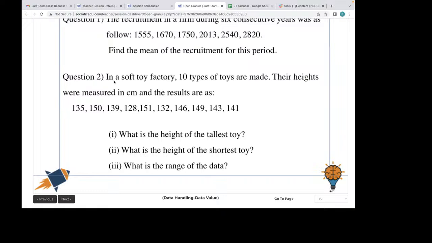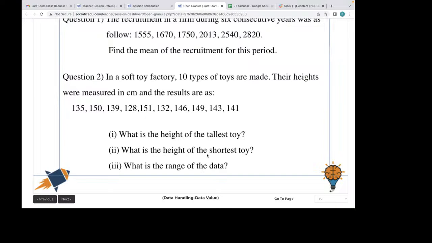Okay, let's read this question first. In a soft toy factory, 10 types of toys are made. Their heights were measured in centimeters and the results are as follows. So these are the results given. Okay, so what is the height of the tallest toy? So the highest seems 151 here. So this is the answer to this.